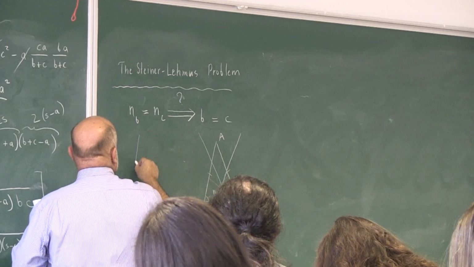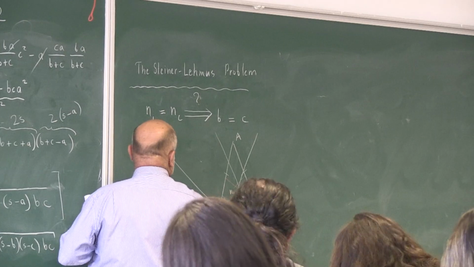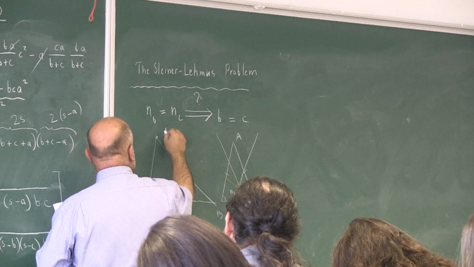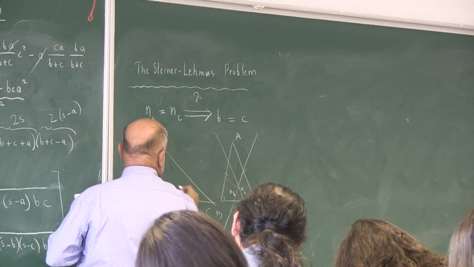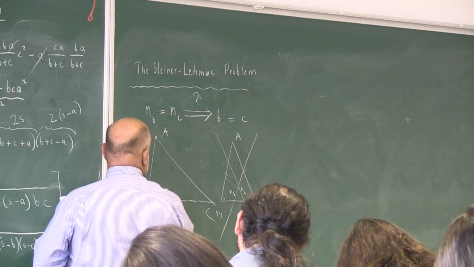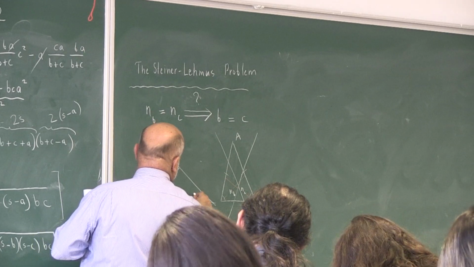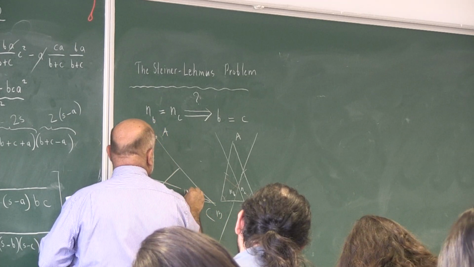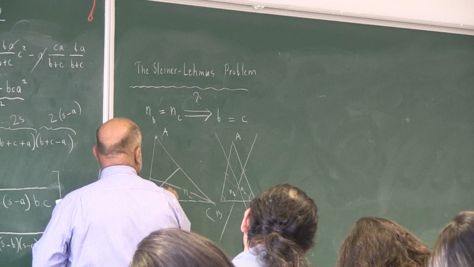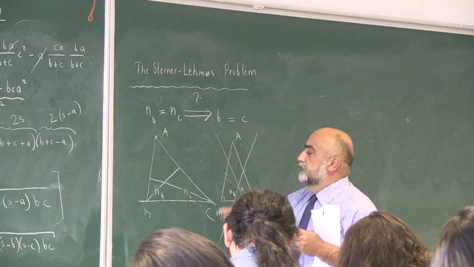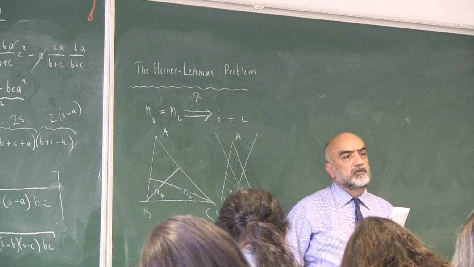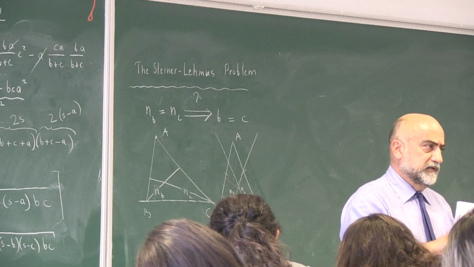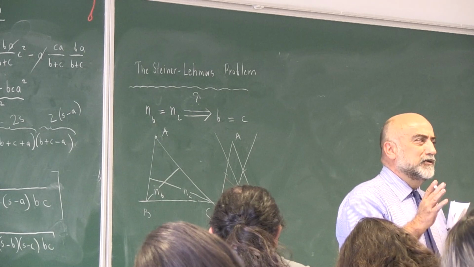Let us take a triangle quite generally, and let us assume that it's being given to us that the internal bisector at B and the internal bisector at C are equal in length. So that is your NC, and that's your NB. If NB is equal to NC, does it follow that B is equal to C? This problem, ladies and gentlemen, looks very innocuous. It seems to amount to nothing.